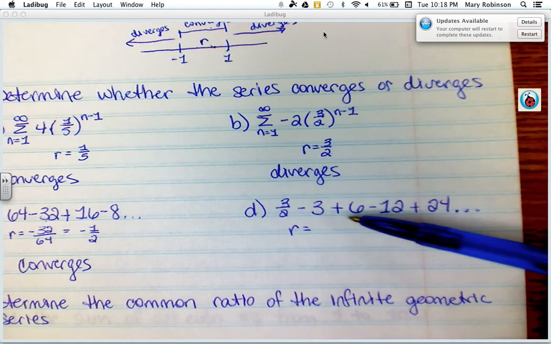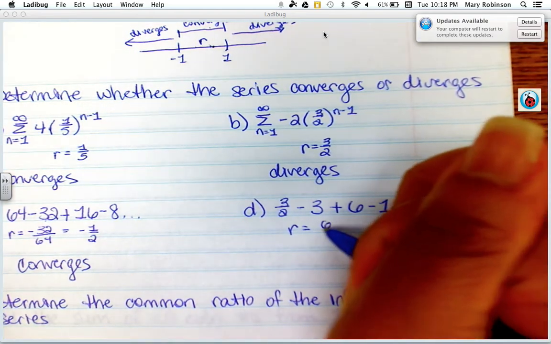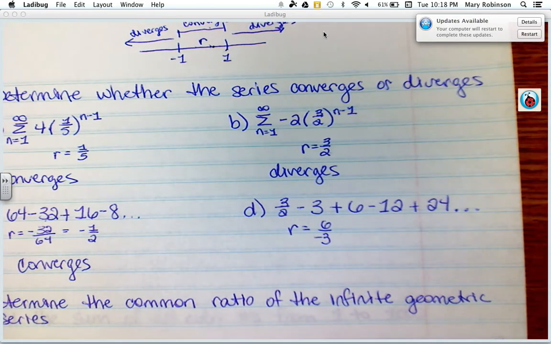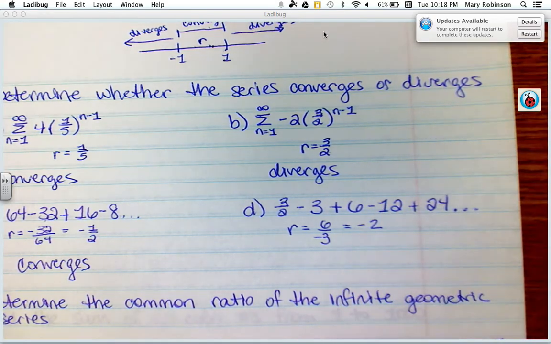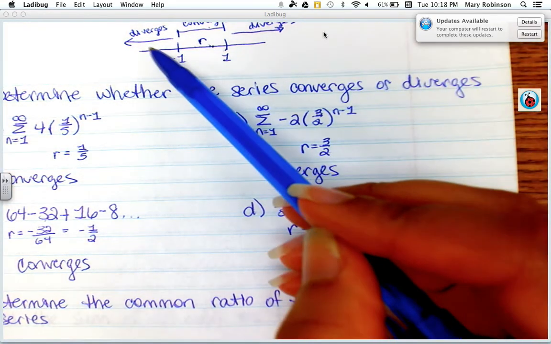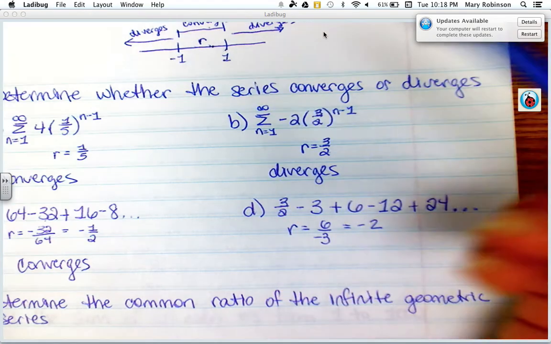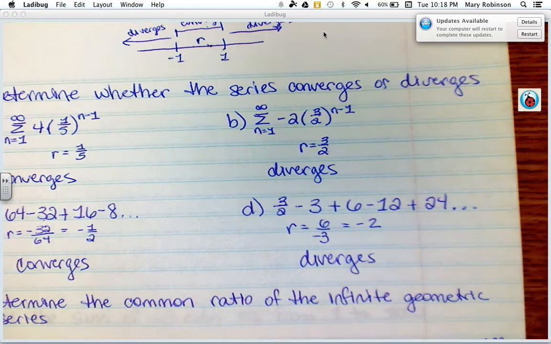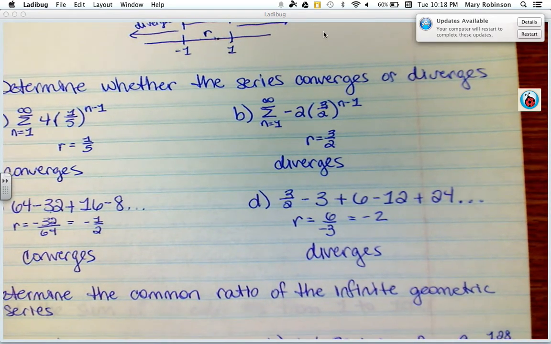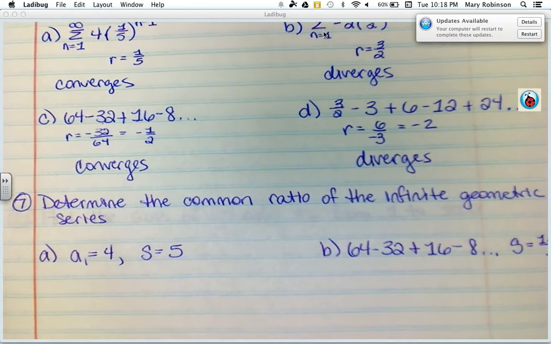So we could do 6 divided by -3. So 6 divided by -3 is -2. -2 is over here, so it diverges. So that's all you had to do for number 6.